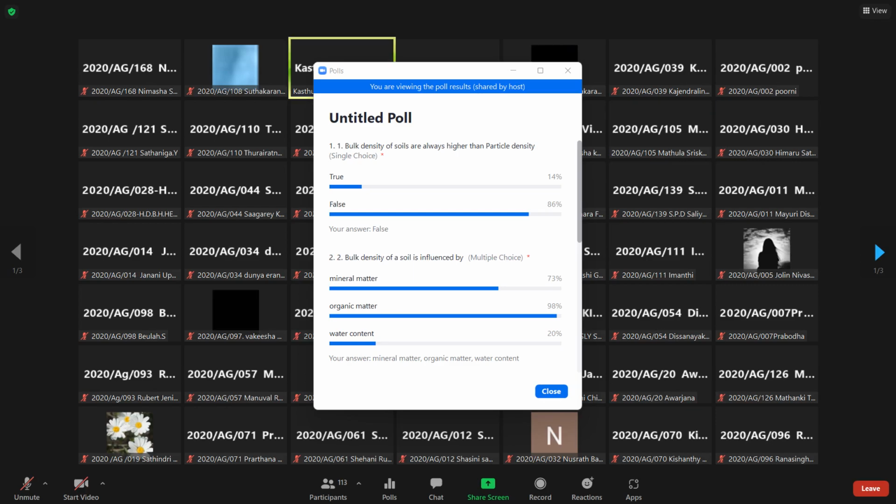In clay soils, micropores are higher than in sandy soils, so microporosity increases in clay soils. In sandy soils, you can observe macropores. In clay soil, you can observe micropores. Both soils have pores, no? Yes, ma'am. Sandy soil has less porosity than clay soil.